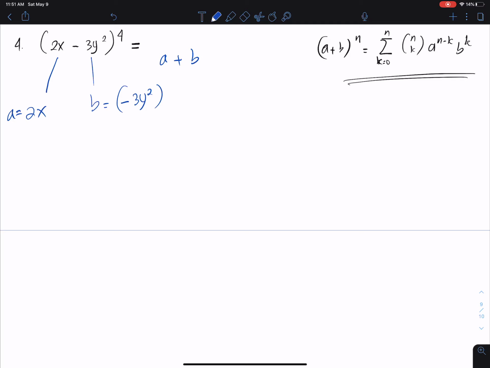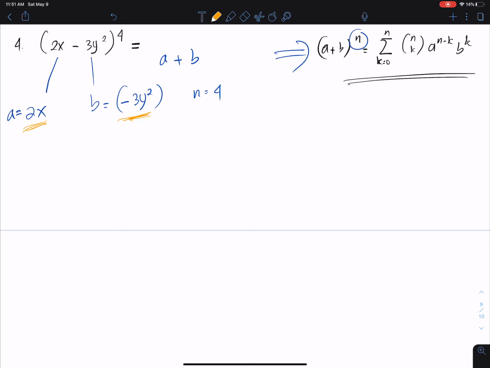And who is our n? Our n, as per the formula here, will be equal to 4.